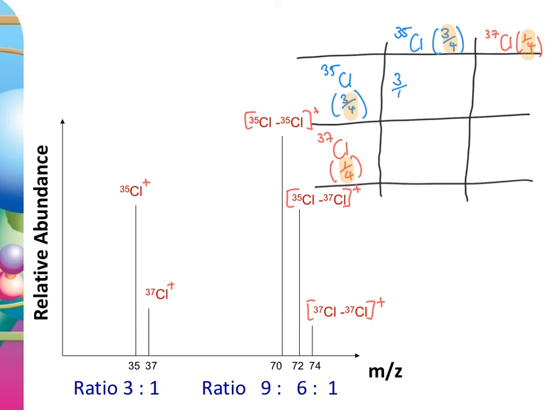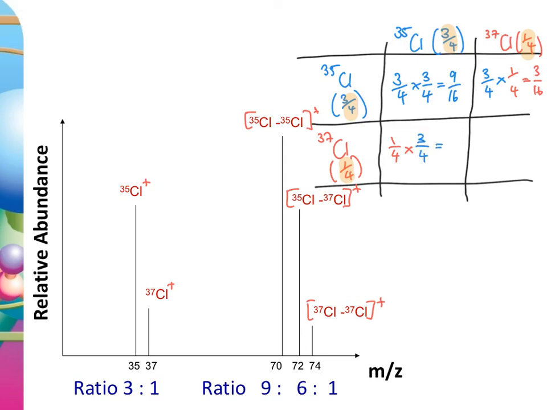So I could draw out chlorine-35, a probability of 3/4, and another chlorine-35, which is also a probability of 3/4. And so the overall probability of that would be 9/16. I could draw out a chlorine-35, and then I could draw out a chlorine-37. So the overall probability there is 3/16. I could draw out a chlorine-37 and then a chlorine-35.